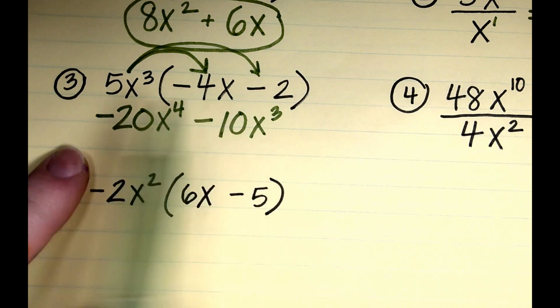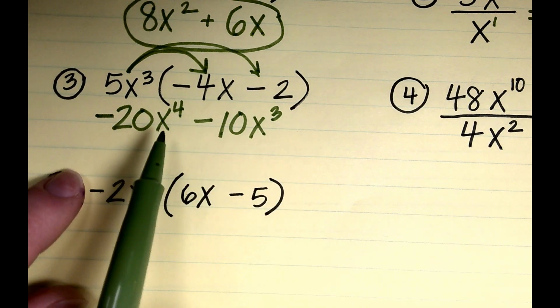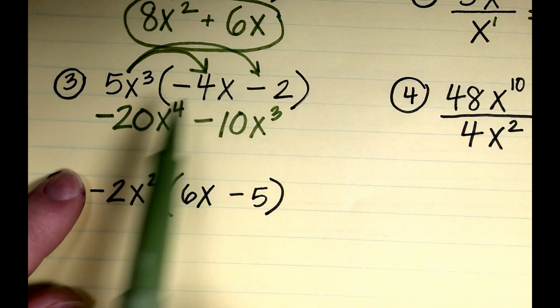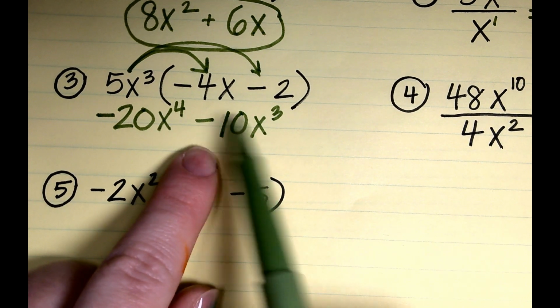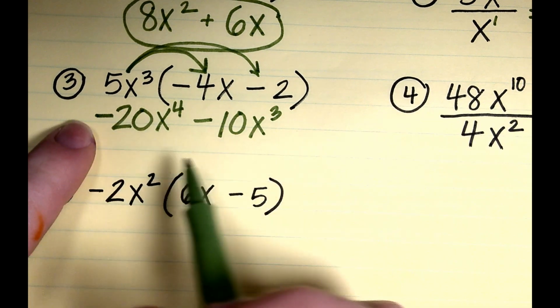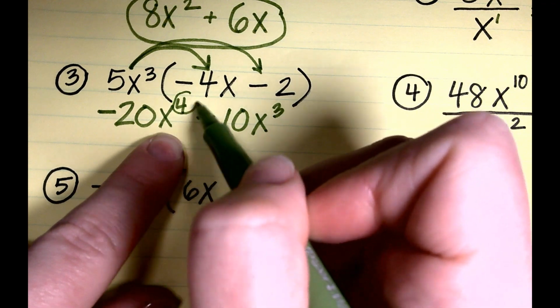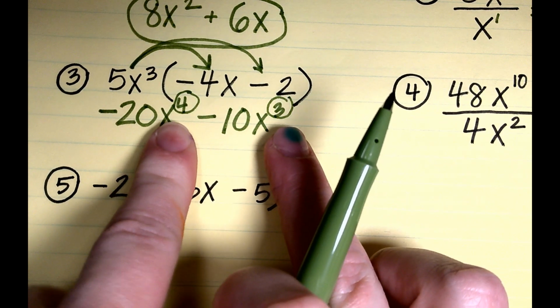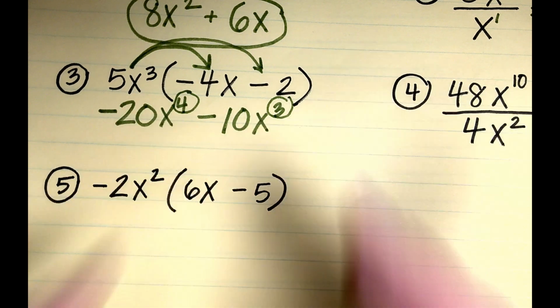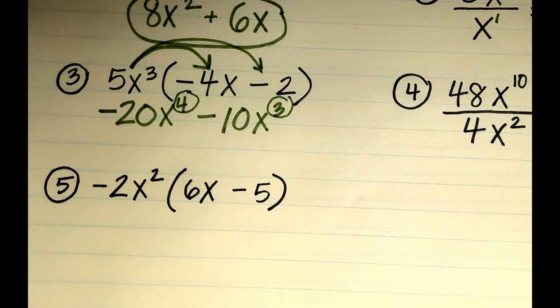So let's see. Is anybody confused about how I got any of the numbers that I just wrote down? So if these numbers were the same, if these were the same numbers, then we could put them together.